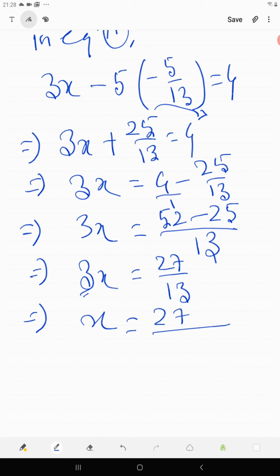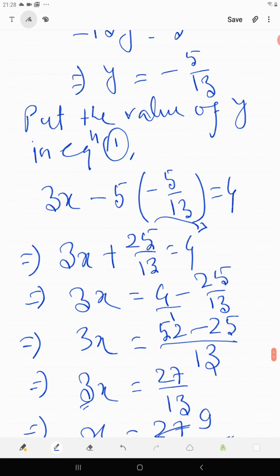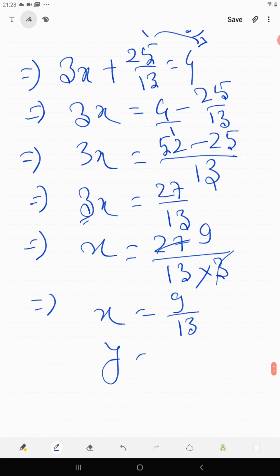So 27 divided by 13 into 3. Division means it will go to the denominator. So 3 will be multiplied with the denominator 13. So 3 9 is 27. So we got x equals 9 by 13, and we have already got y equals minus 5 by 13.